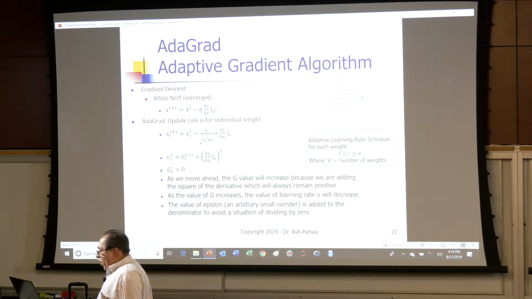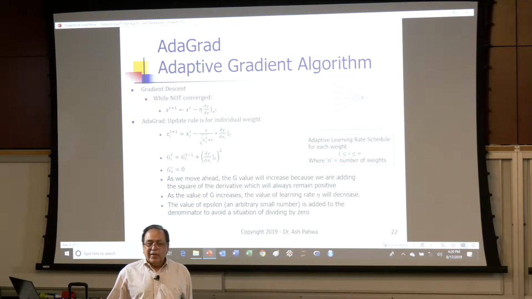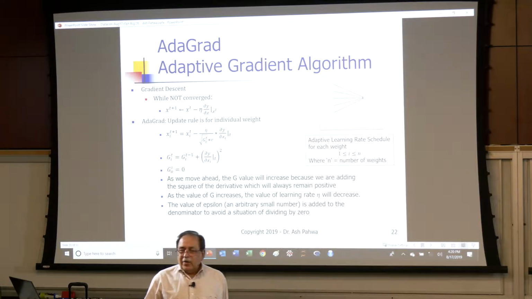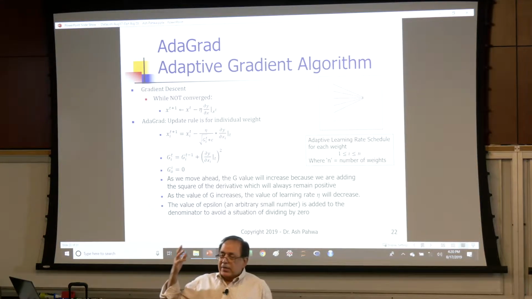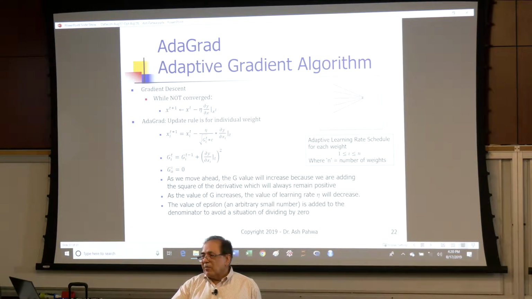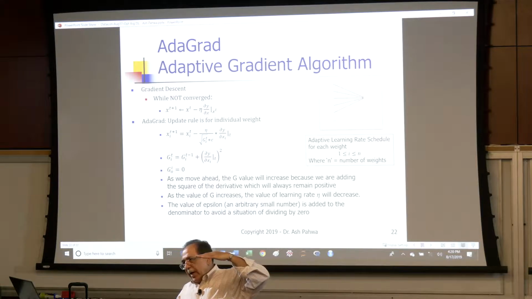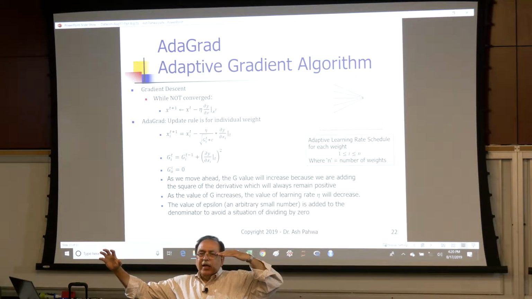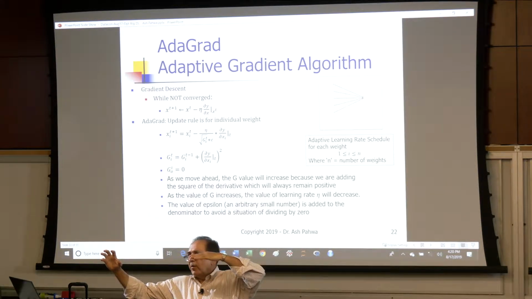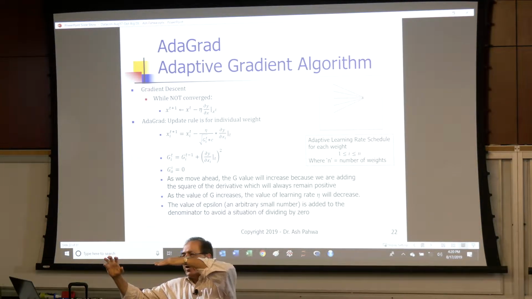Now, the problem with AdaGrad is that my g became so large that my learning rate comes out to be 0. It slowed down so much that instead of solving the problem, it created a problem, because as I move towards my destination, my learning rate slows down and eventually becomes 0.